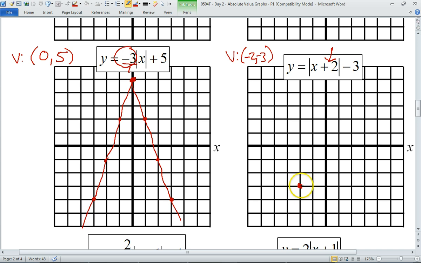Now Hunter, where will I go from here to draw the right-hand branch? Yes, okay. See how this time there is no number in front of the absolute value. That means look at this as a slope of 1. So 1 over 1 is the slope. So Hunter said up 1 over 1 from the vertex. He's correct. So starting from the vertex, we do this.